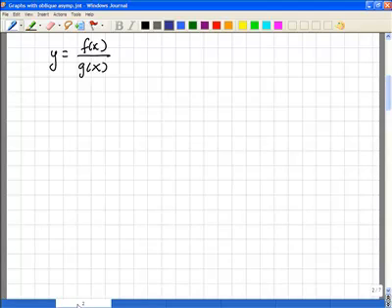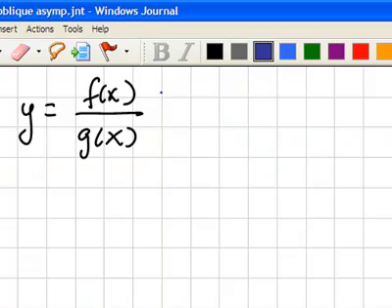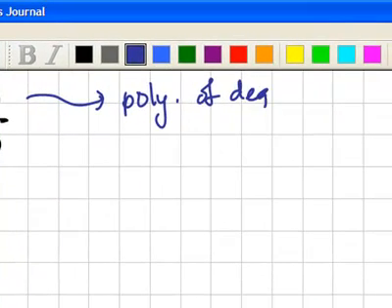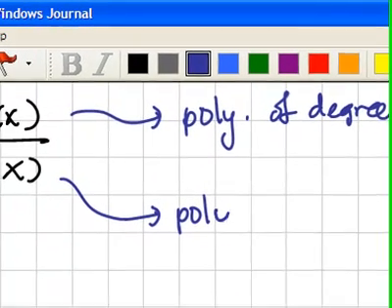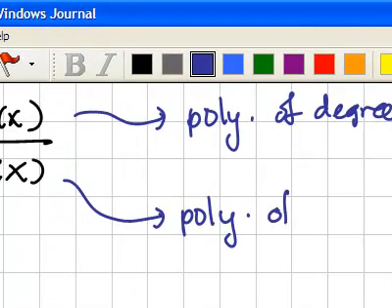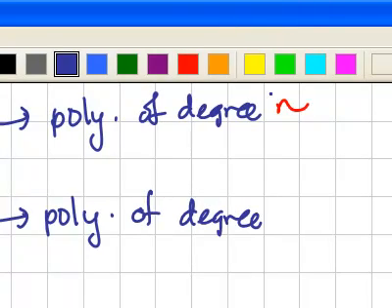Now let's say you have a function y equals f(x) over g(x). For this particular function, the expression in the numerator is a polynomial of, let's say, degree n, while the denominator is a polynomial of degree 1 less, n minus 1.